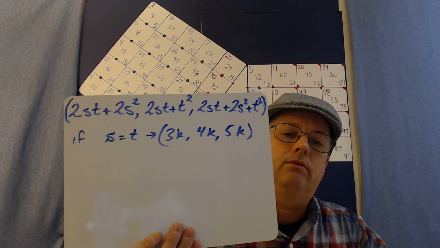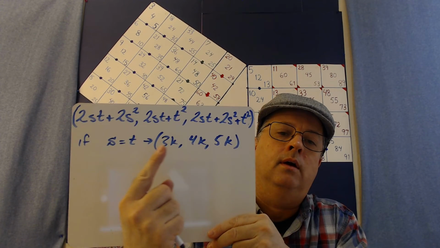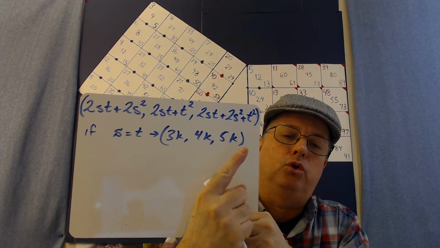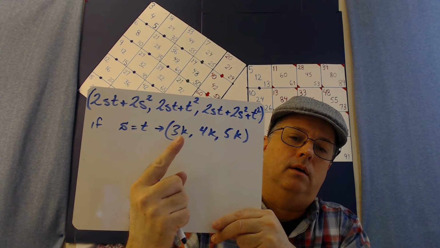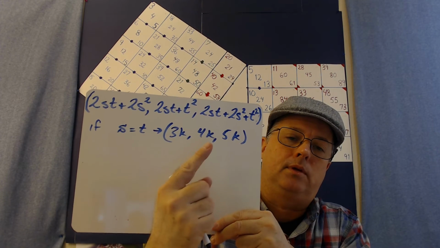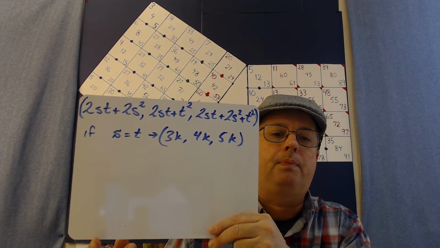And so now, if s is equal to t, then we want to show the idea that we always get a multiple of the 3, 4, 5 triangle in here. So I have k as our multiplying value. So this is the 3, 4, 5 triangle, but it's some multiple of that, some 3 times k and 4 times k and 5 times k.